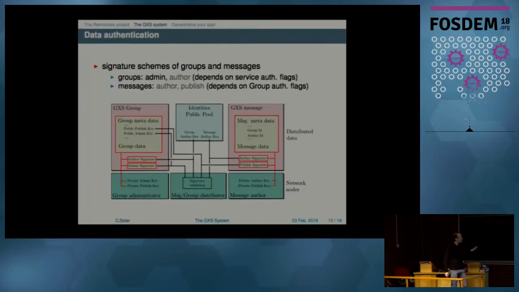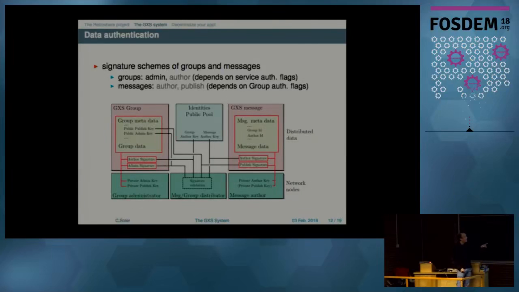Authentication works the following way. Groups and GXS messages come with signatures. Groups have their admin signature, of course, which controls everything. And they optionally have an author signature, but the group can be anonymous. GXS messages have an author signature as well, if it's required by the group authentication policy.